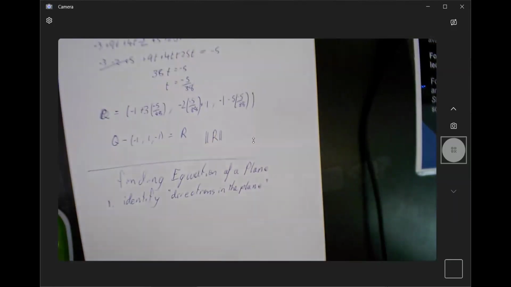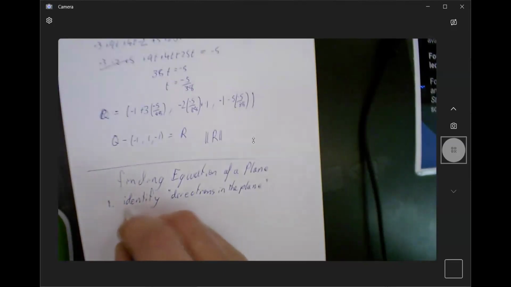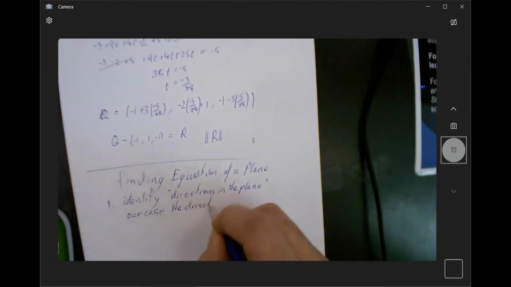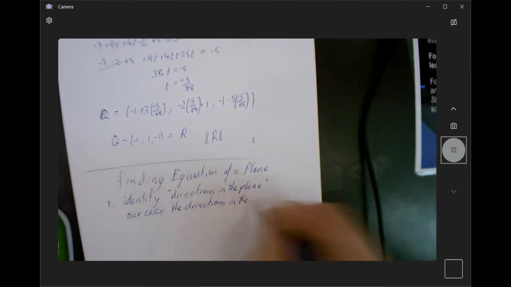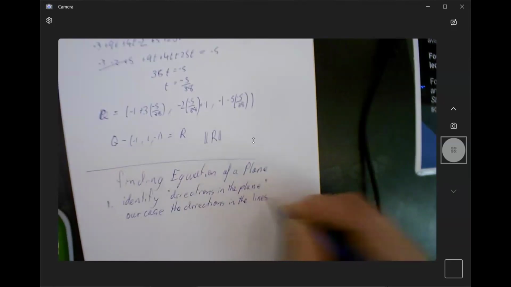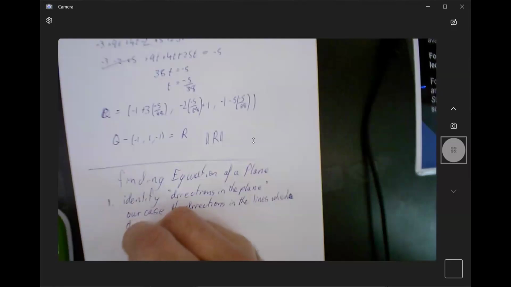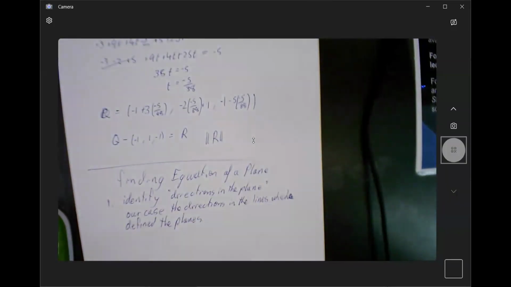In this case, I had straight lines. Because we're told in terms of lines, we could get the direction straight from the lines. If I was given 3 points, say P, Q, R, we do PQ and PR, and that gets me 2 directions. So the first thing I do is identify my 2 directions.